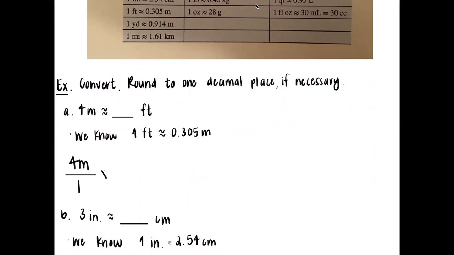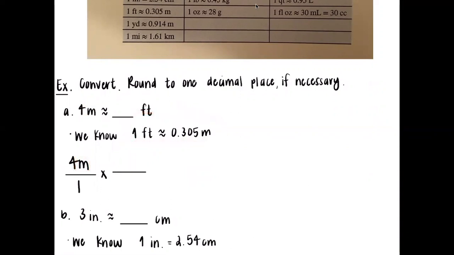So we have 4 meters over 1, times our next fraction, which will be our conversion factor. That is the equivalent measurement between them that will help us go from meter to the desired unit, which is feet.